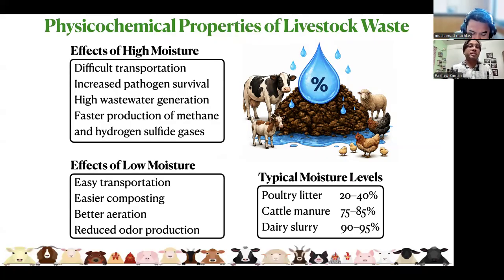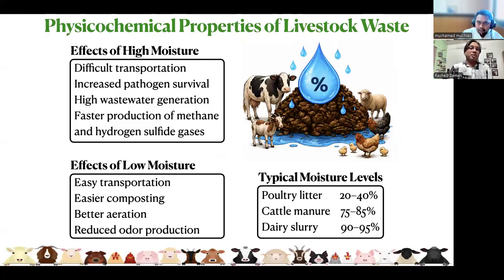It also increases pathogen survival because high water content sometimes helps the growth of harmful pathogens like bacteria. High wastewater generation, because when the livestock waste is in liquid form, it can run off easily and mix with other water sources and increase the amount of wastewater.